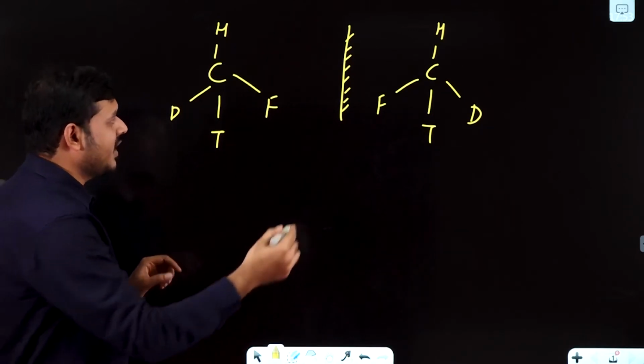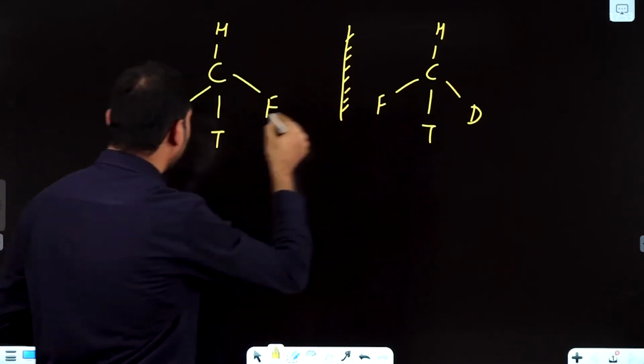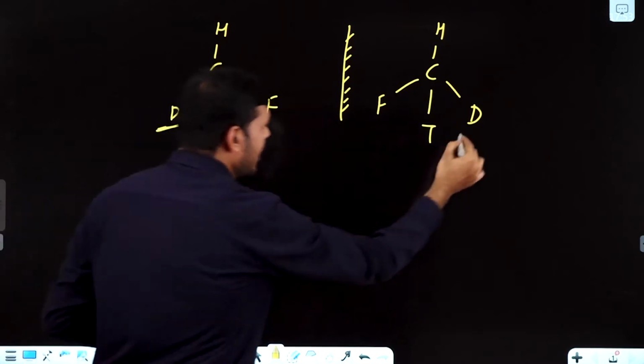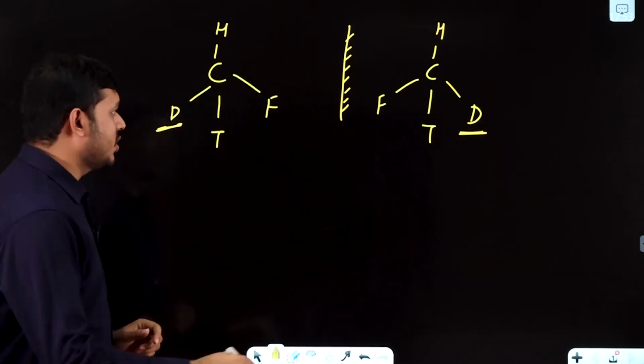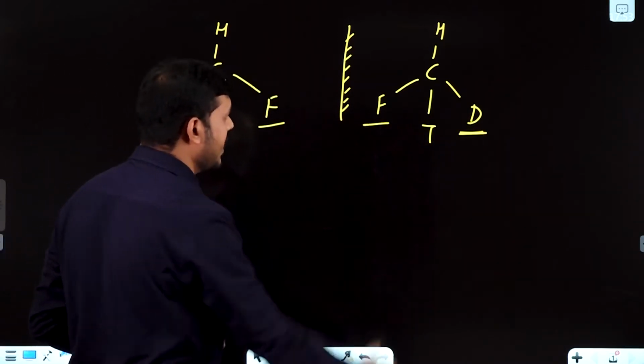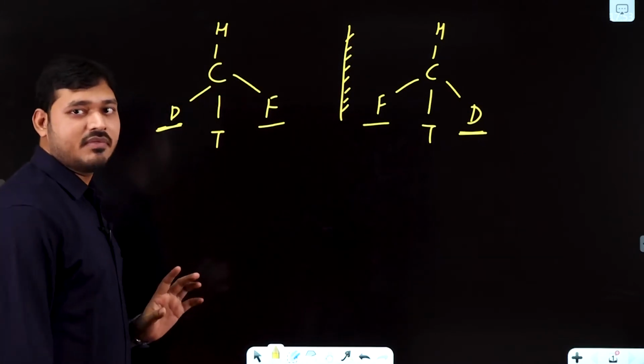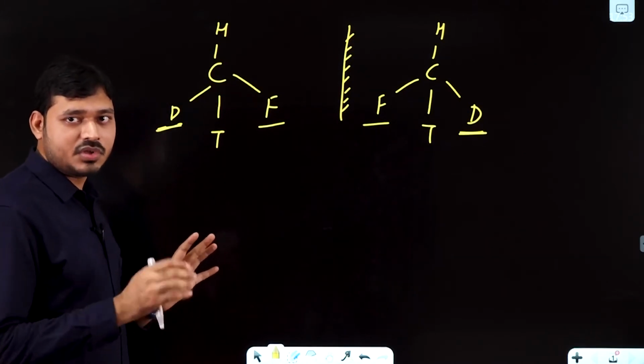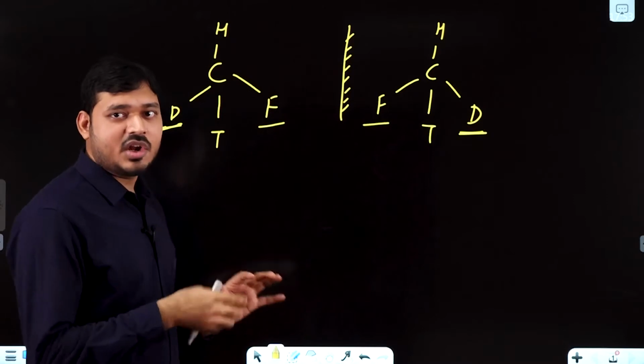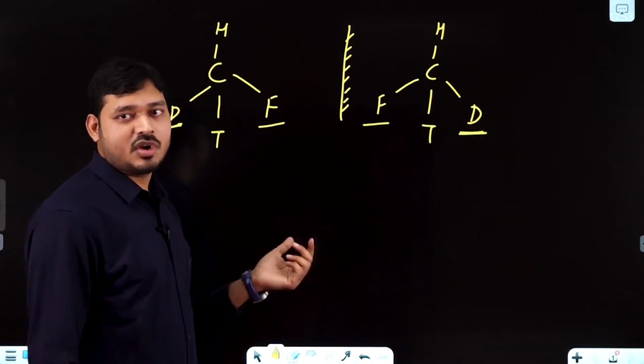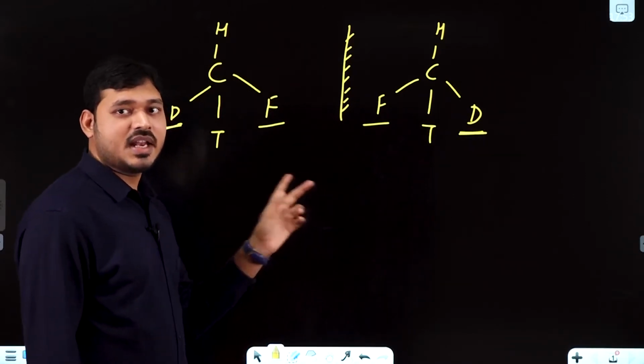But deuterium is on this part here and on the other side there, so fluorine and deuterium will not coincide with each other. When all the atoms cannot coincide, they are not superposable and hence they are enantiomers.